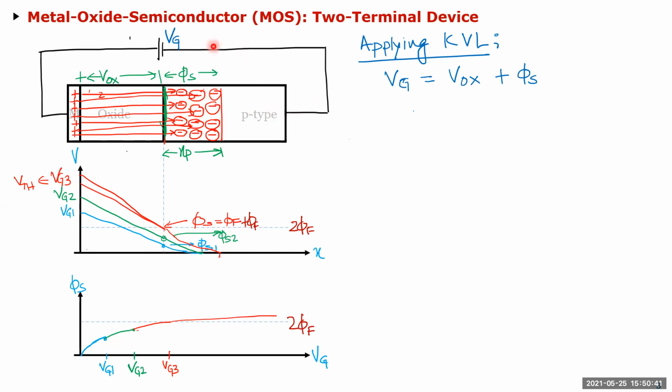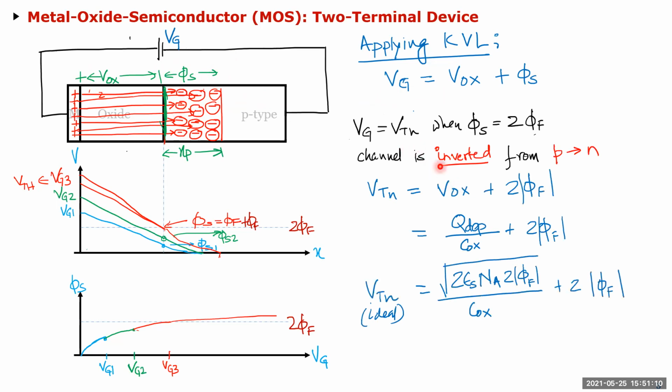And if I apply KVL across this loop, then I can show that VG is equal to the voltage which is dropped across the oxide plus the voltage which is dropped across the depletion, which is called the surface potential, which we have been calling the surface potential. And that's the gate voltage at which the channel turns on. And what's that value? That's what we're going to calculate, going forward.